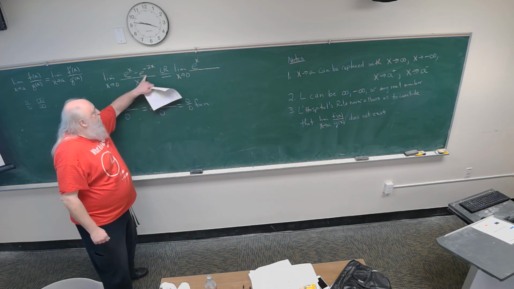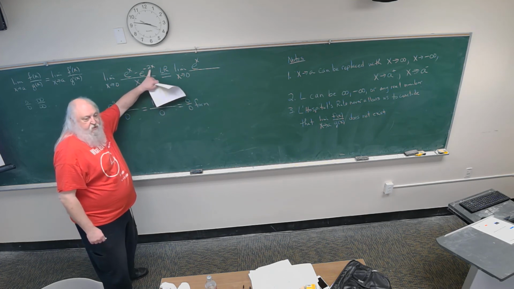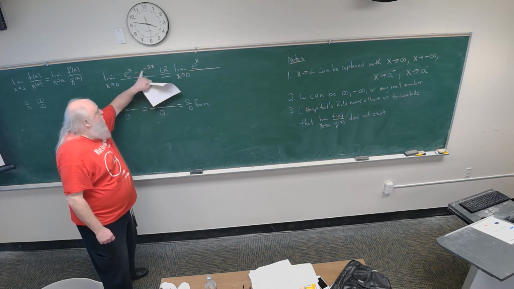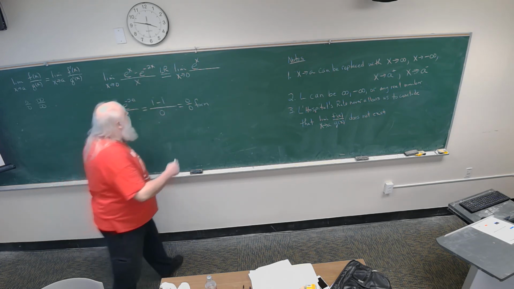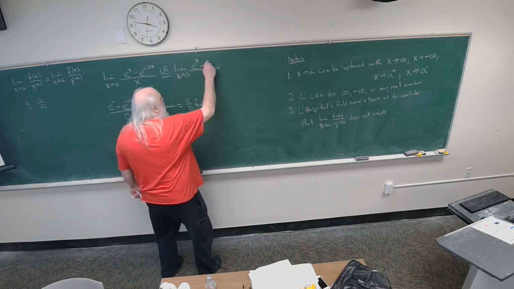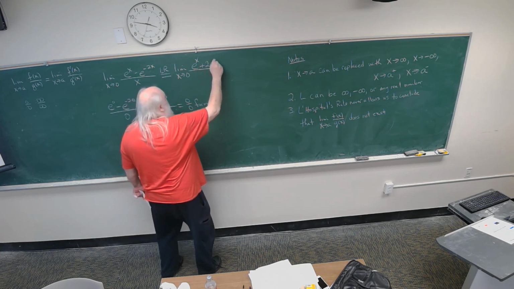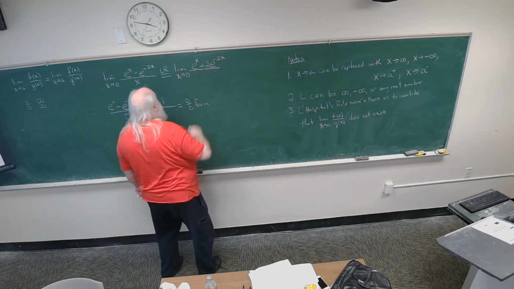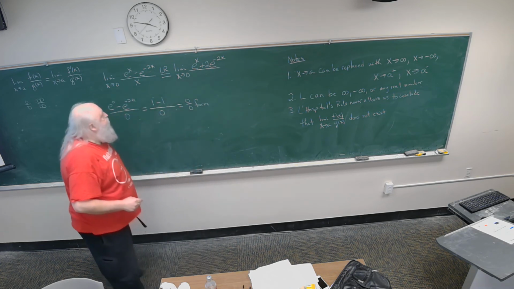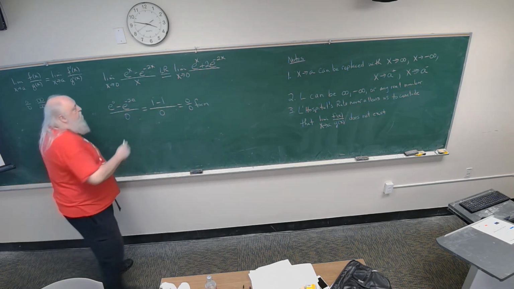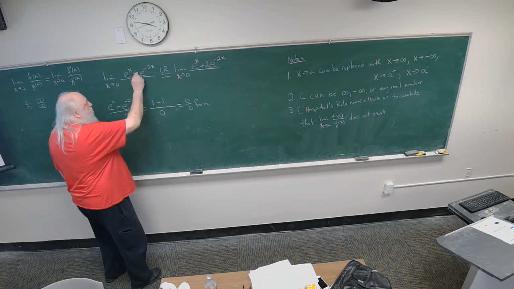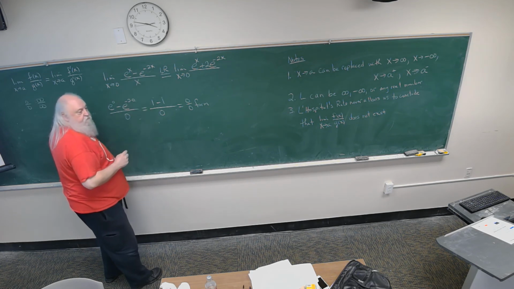The derivative of e to the minus 2x, by the chain rule, is e to the minus 2x times the derivative of minus 2x, which is minus 2. So we have minus minus 2, which is plus 2, times e to the minus 2x. Convince yourself that is the derivative, or that I'm wrong.